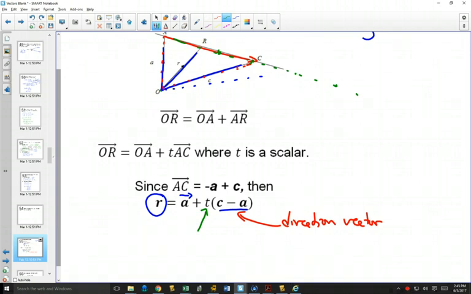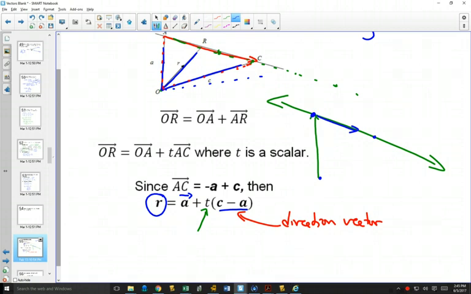And so we have a new way of writing an equation of a line using vectors. And the idea is, if I wanted to get to some point on this line from my origin, I first need to get to a point on that line. And then if I wanted to get to this point, I just have to go in the direction a certain distance.